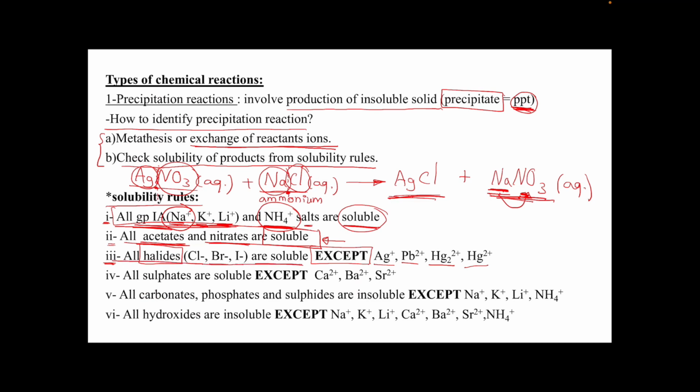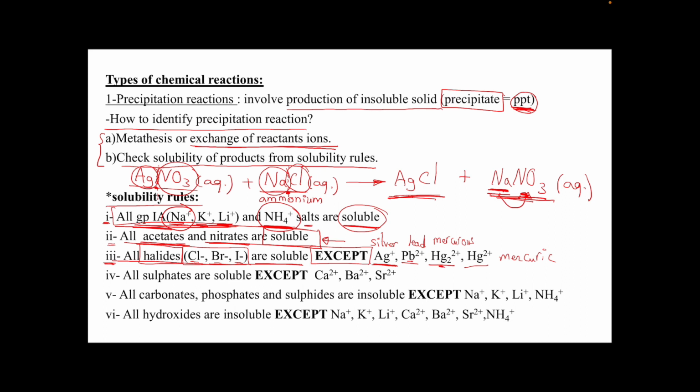All halides are soluble. كل الهالايد salts are soluble ما عدا silver salt, lead, mercurous, and mercuric. اوكي؟ يبقى أي salt للهالايدز دول هيكون soluble in water ما عدا السيلفر. السيلفر كلورايد، السيلفر برومايد، السيلفر ايودايد are insoluble.